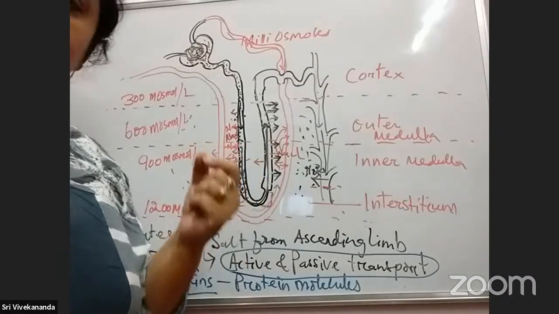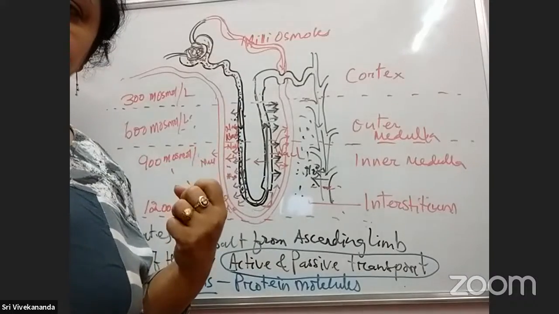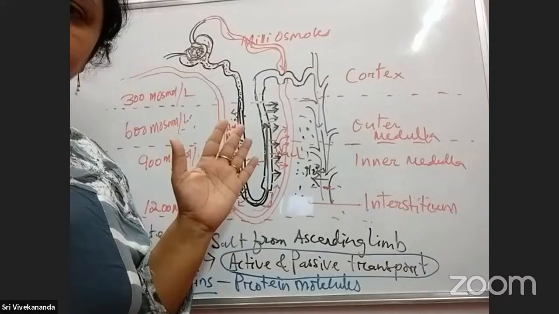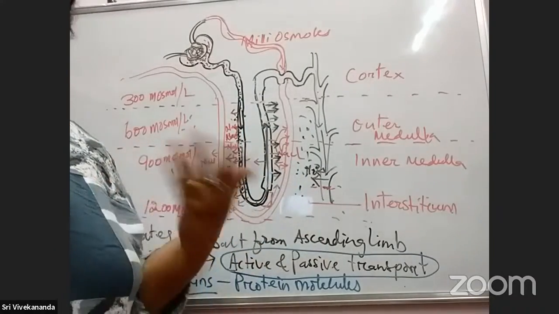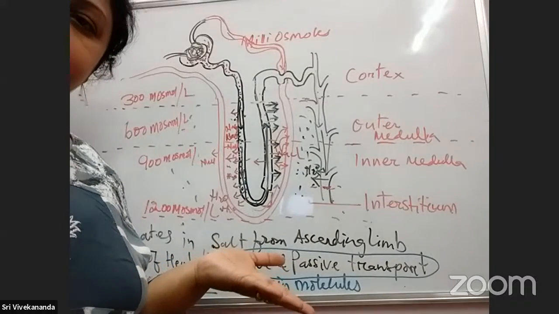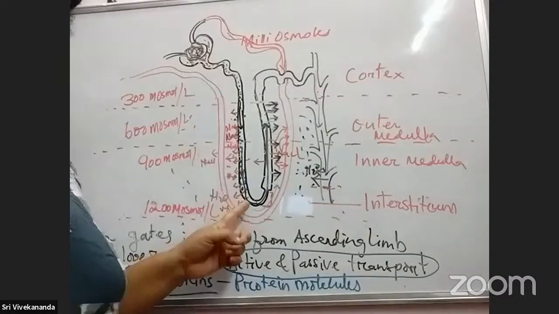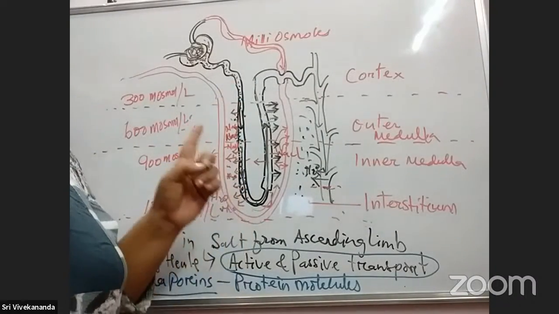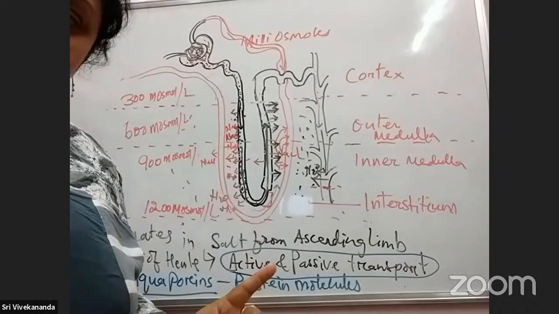The tubule will not have any control over the water reabsorption. So all the time water will go into the blood, right or wrong? If there is no control mechanism, there is no stopping water release from the descending limb. Even though the filtrate is there, even though a lot of water is there, it still needs a mechanism. Otherwise, what is going to happen?